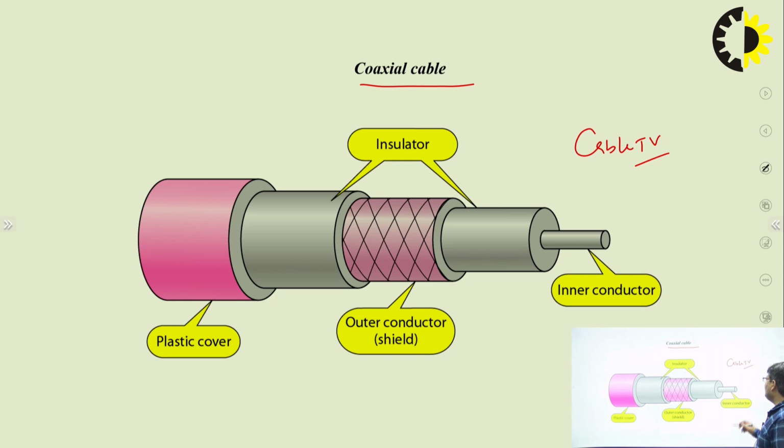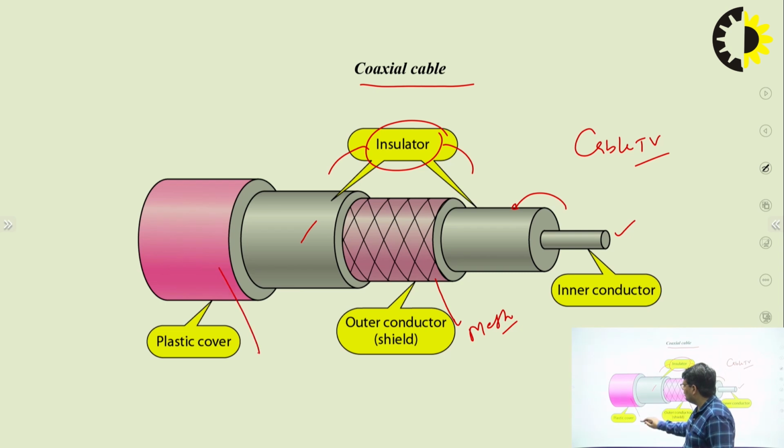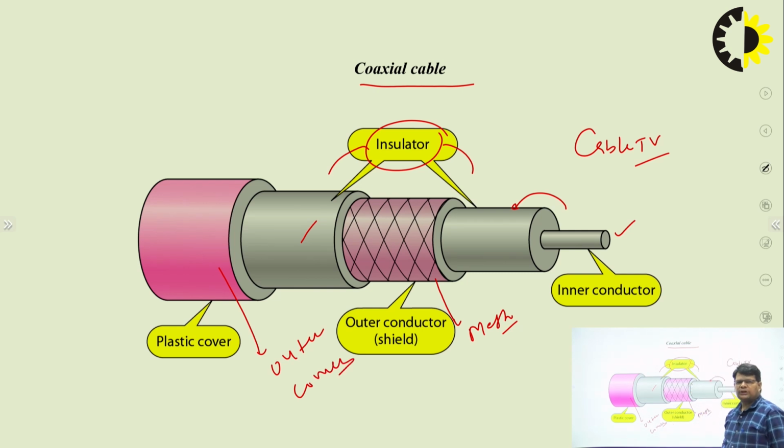So here we have an inner conductor, then we have an insulating layer over it, then we have an outer conductor shield or mesh, then we have another insulating layer, and then we finally have the outer plastic cover. This is also known as the outer cover for protection purpose.